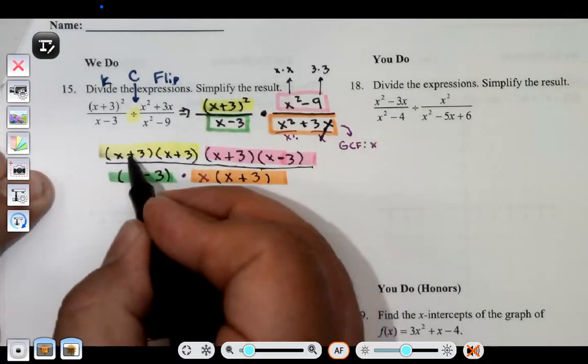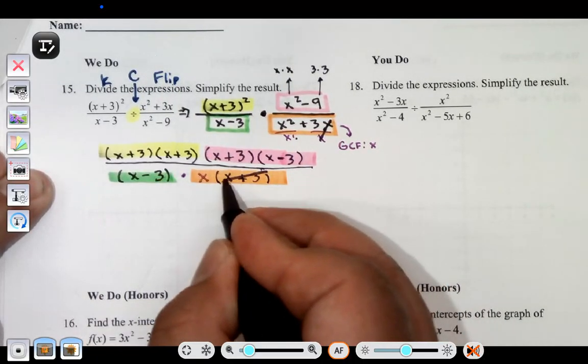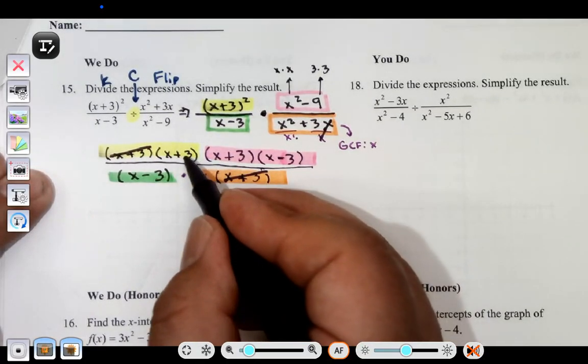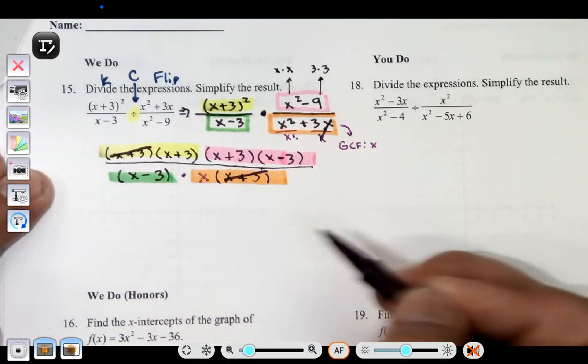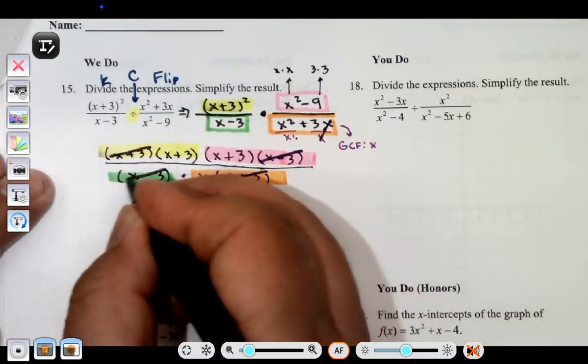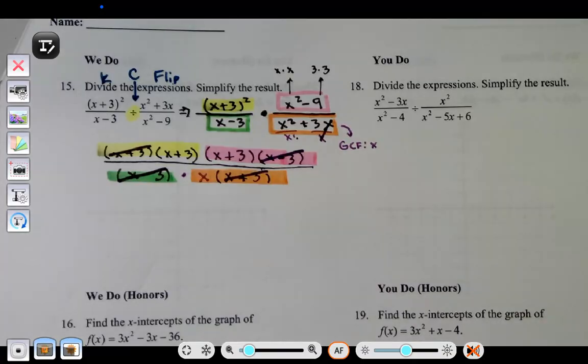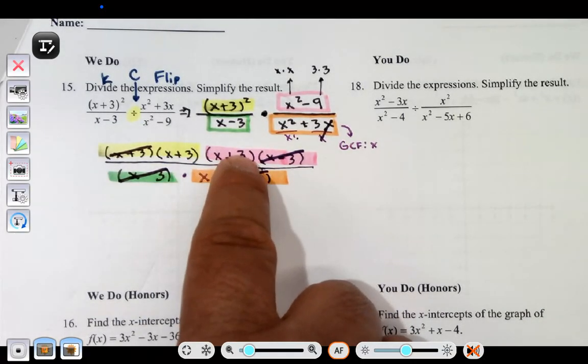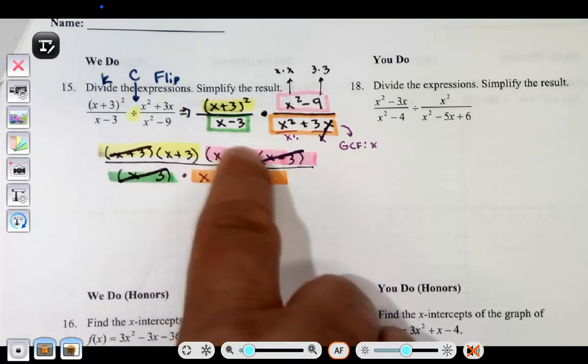So I see an x plus 3, I see an x plus 3, that one goes away. I understand there's another one, but you're only allowed to cancel one at a time. This one has an x minus 3, and this one has an x minus 3. So now the question is, well, can I cancel these two? The answer is no. You can only cancel top to bottom, not side to side. So they're kind of done.